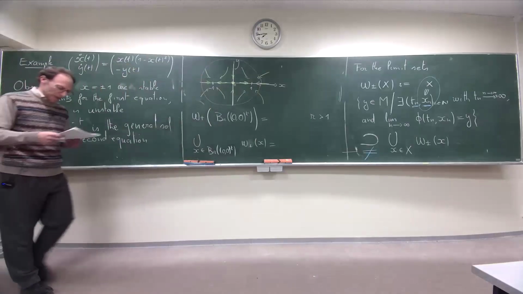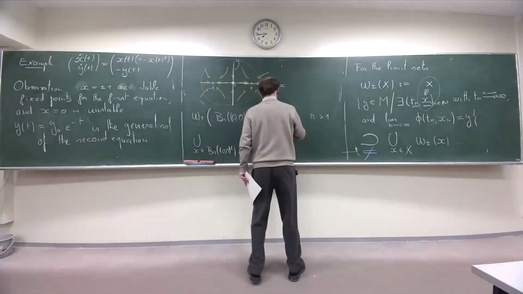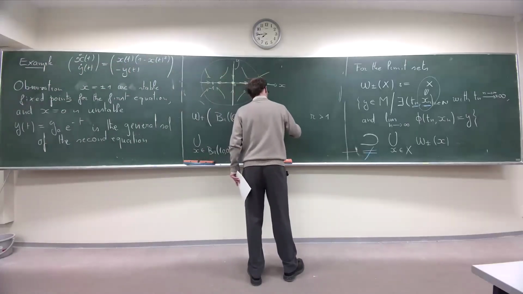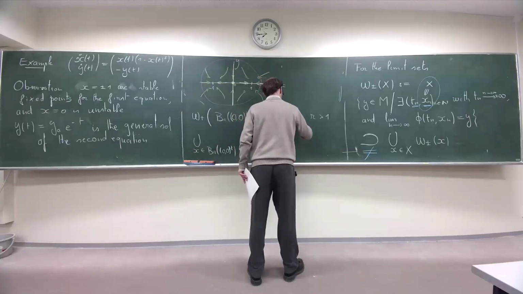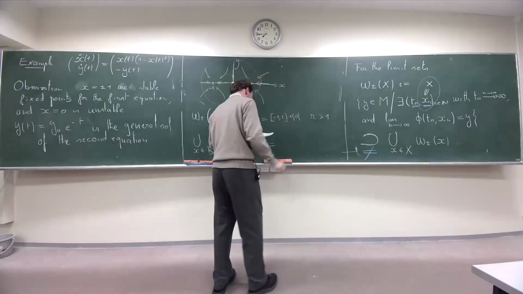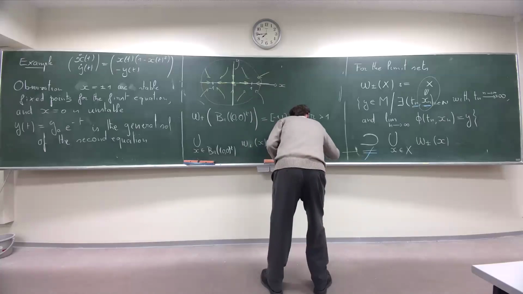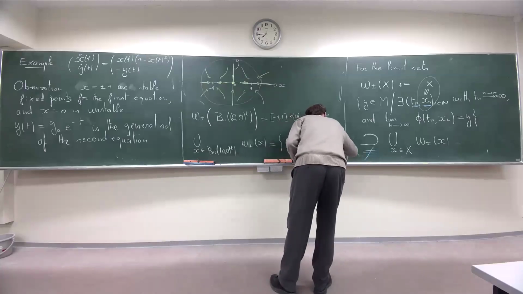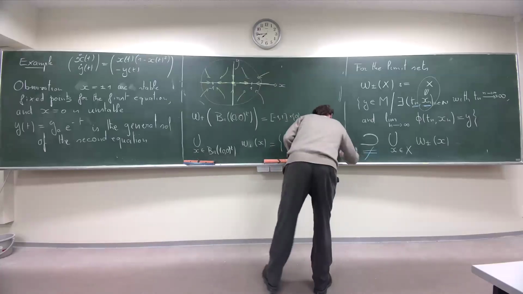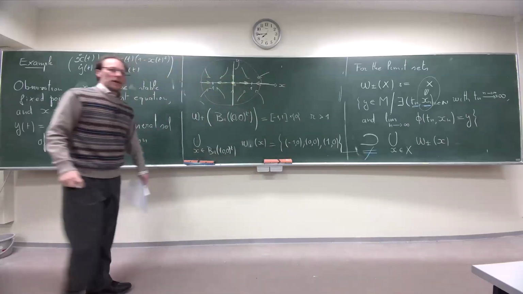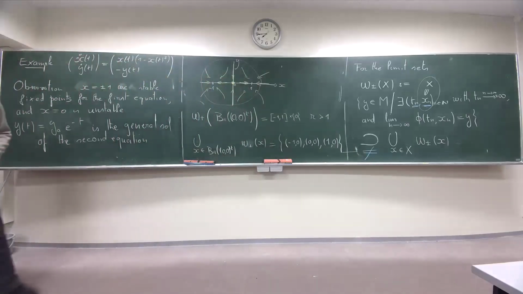So I'm claiming that for the first one, it is the interval minus 1, 1 times 0, while for the other one, it's only 3 points. That's what I'm claiming.